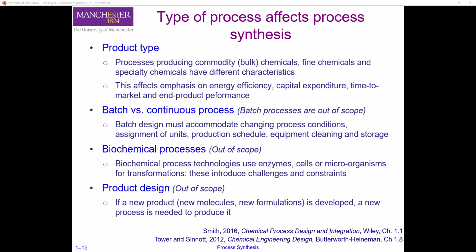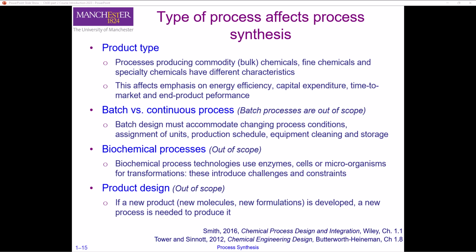And finally, we have the product design that is very important in terms of specialty chemicals. Okay. So, for example, if you are designing a specialty chemical and halfway through its life you decided to change its formulation, before you look into the process design and what challenges you have for the process design, you have to first look into different properties of the product that you want to design.